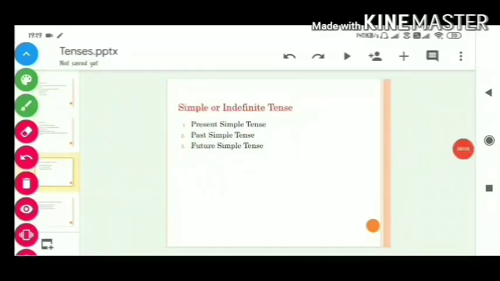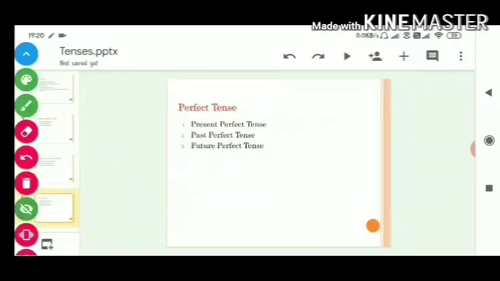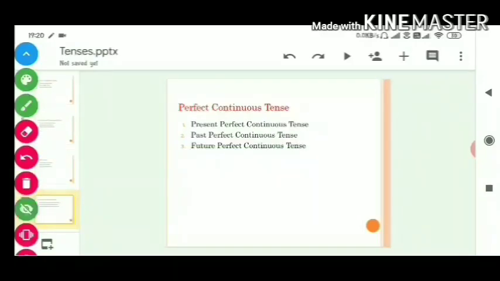See all the 12 tenses: present simple tense, past simple tense, future simple tense, present continuous tense, past continuous tense, future continuous tense, present perfect tense, past perfect tense, future perfect tense, present perfect continuous tense, past perfect continuous tense, future perfect continuous tense.